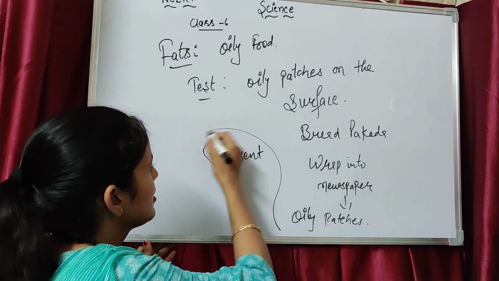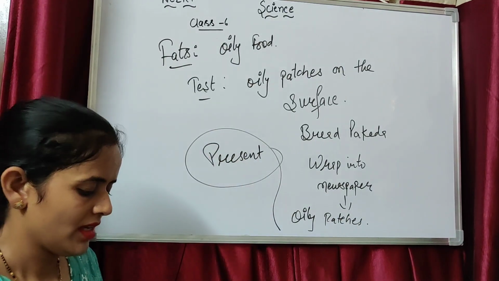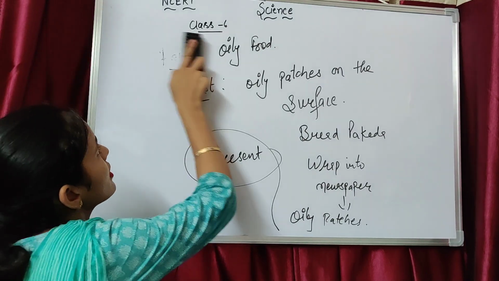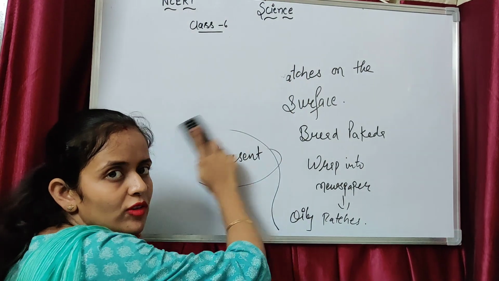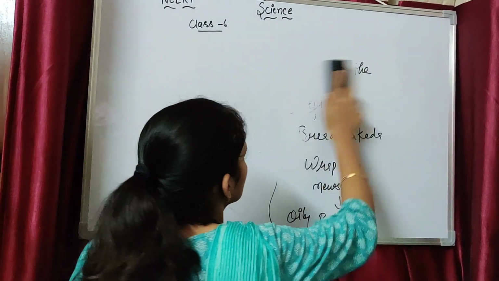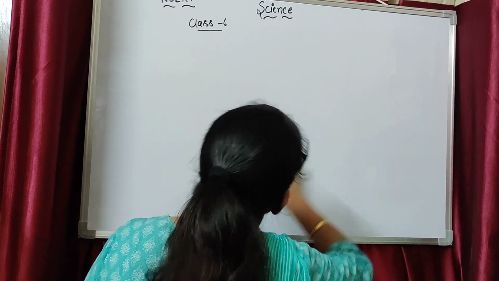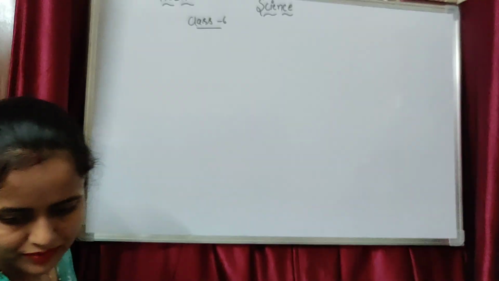That confirms fat is present, that the food is fatty food. Clear till here? Carbohydrate, protein and fats, the tests clear? Okay. Example also and test also.